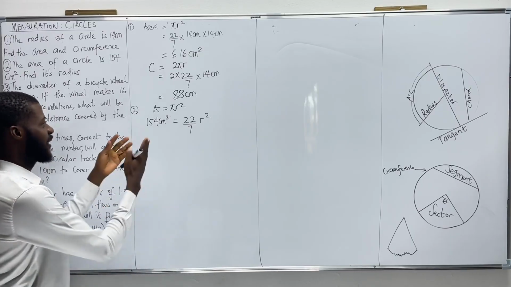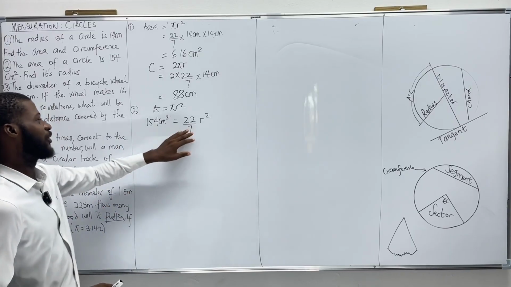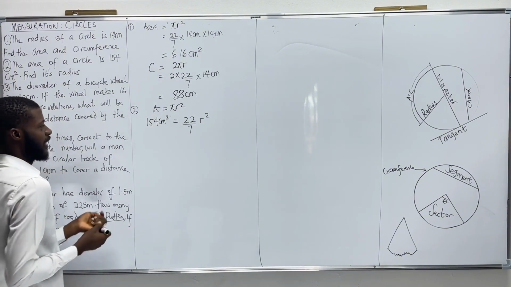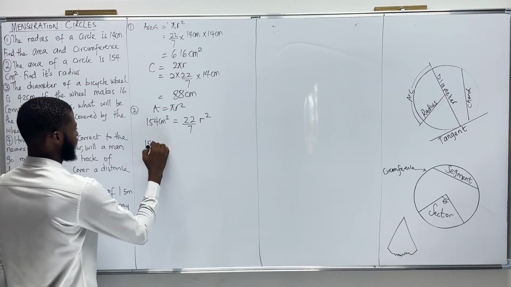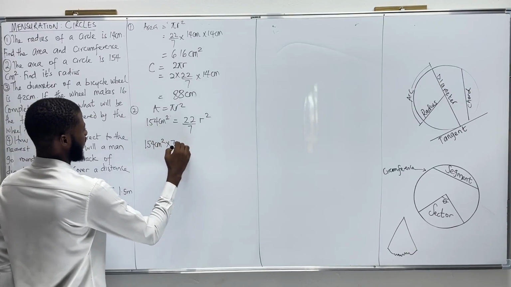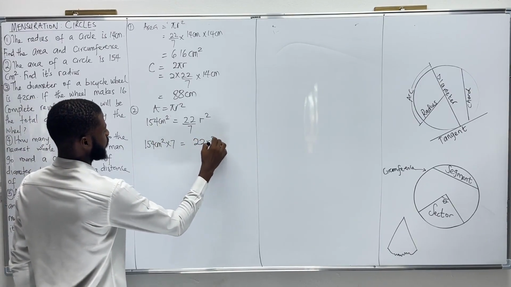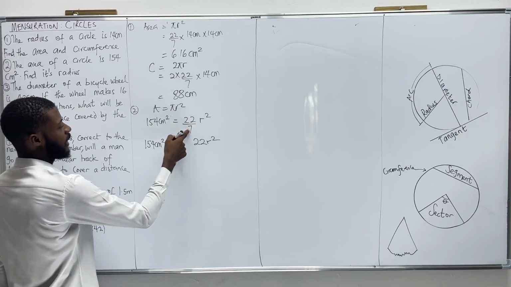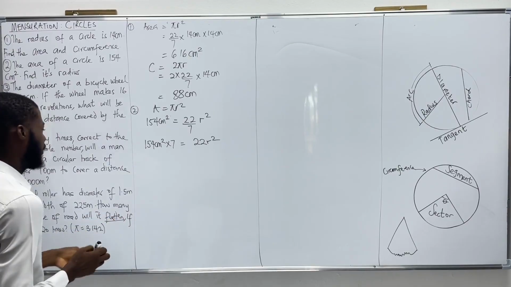We're Nigerian, so we basically solve like this. So we could cross multiply. So we do 154 times 7. So that will be 154 centimeters squared times 7 equals 22 r squared, because we only times him by 7. So the 22 r squared will remain, and this 7 will times this very guy.